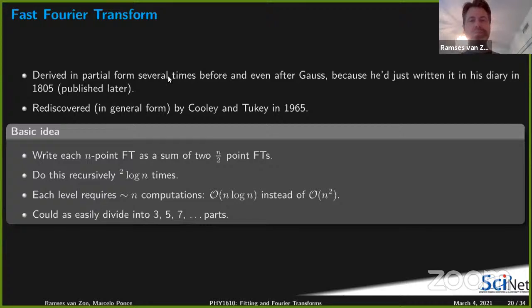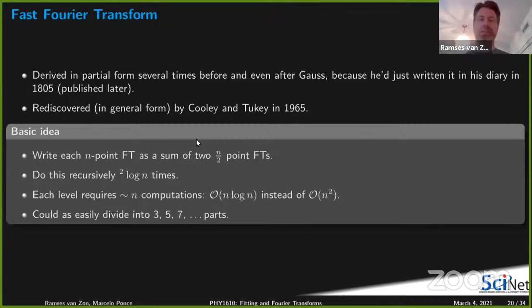And so there's been a good century and a half lost, where this transform was known to somebody, even written down, but not in a published form, and then had to be rediscovered. So we can't really call it after Gauss. That would be a little bit much, but he did do that. That's funny.